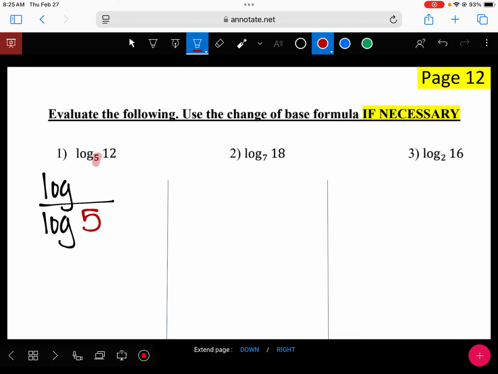And the answer, which in this case is 12, that goes in the top. So you're simply going to, in your calculator, take the log of 12 divided by the log of 5. And you should get approximately 1.54.